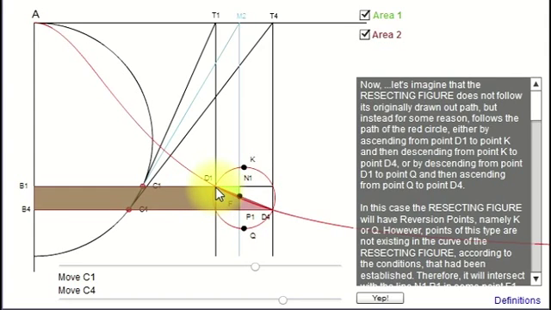He said that due to the continuous character of the originating figure, being the semicircle, and the construction principle, it would not allow the resecting figure to have any discontinuities, like here. It doesn't stop here and then suddenly go upwards. That's not possible.